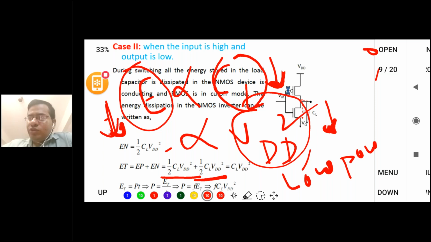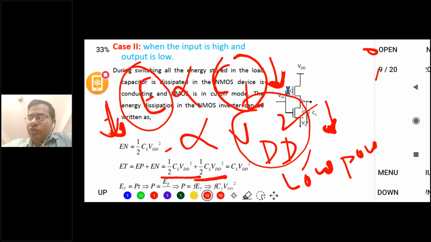That means whenever you design some circuit, maybe with some EDA tool, you must select a lower value of load capacitor and a lower value of VDD. VDD is your DC supply, whatever DC supply you use, 2 volt or 1 volt or below.